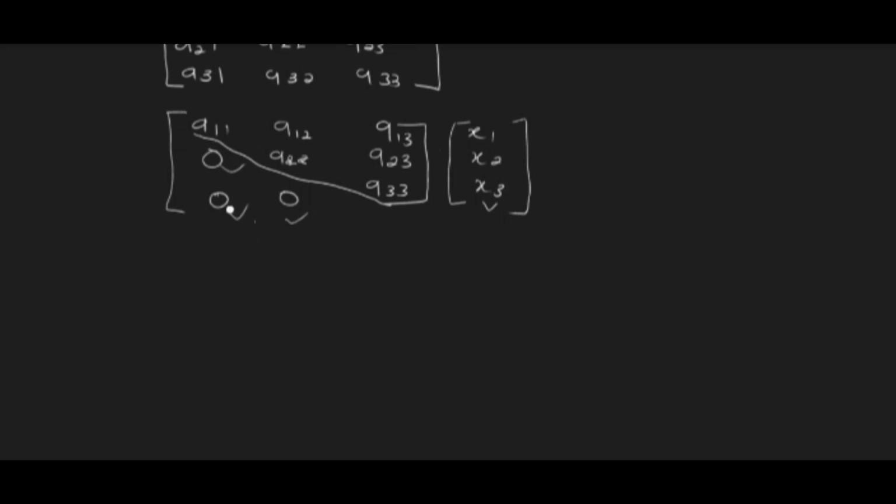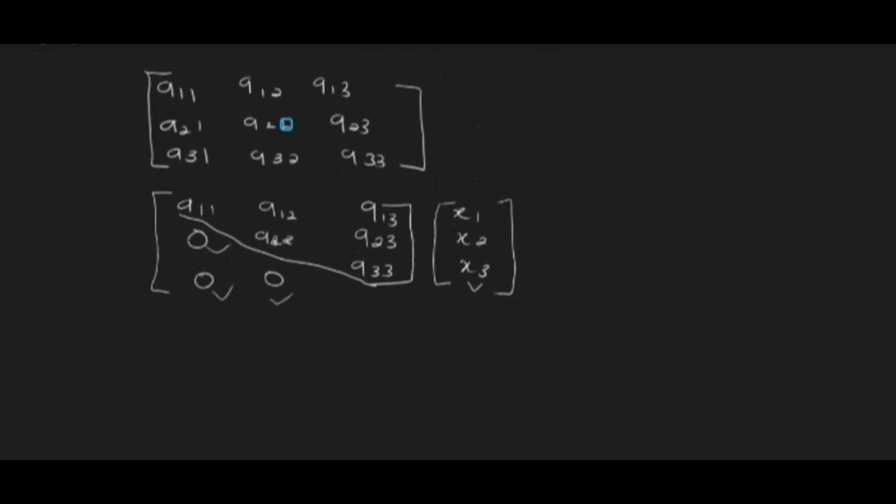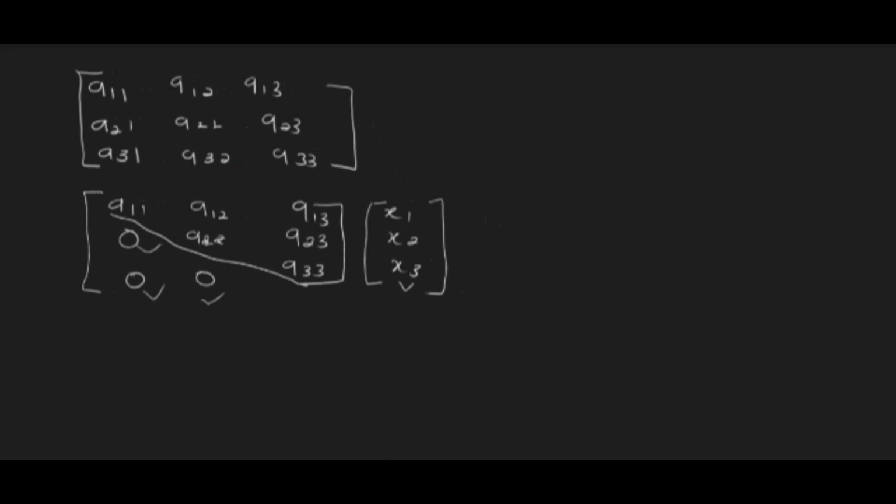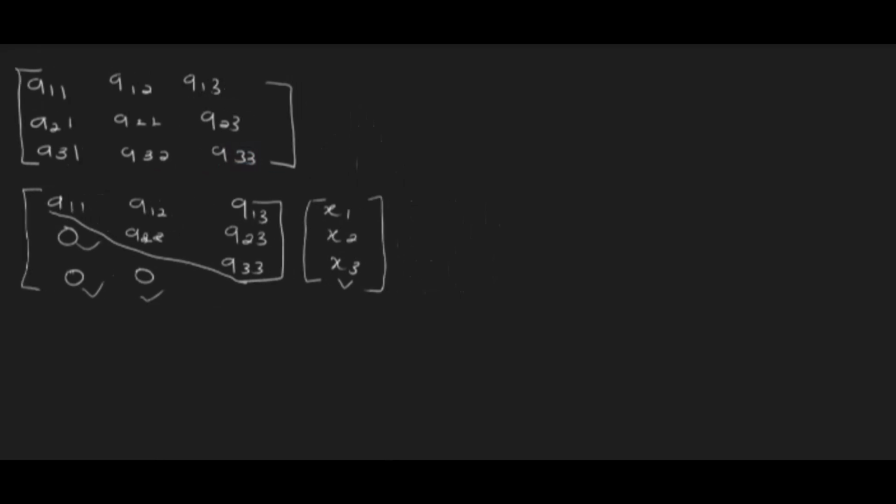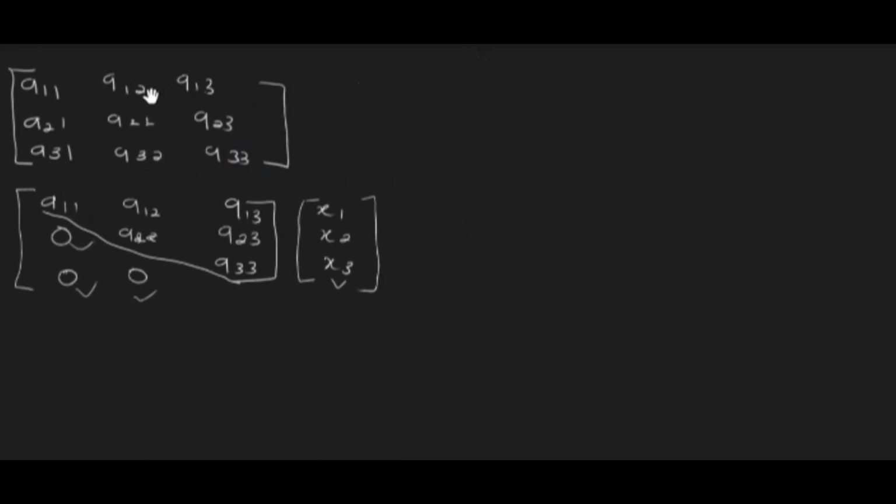So how do we eliminate the a21 as I showed you? Let's see a short scenario here of how we can eliminate that. If you have this and I want to eliminate this one, we have to eliminate this, eliminate that, and eliminate this. So how do we do that?